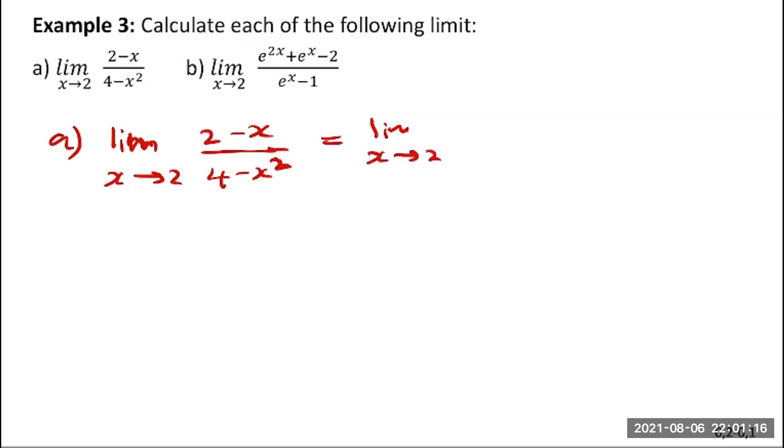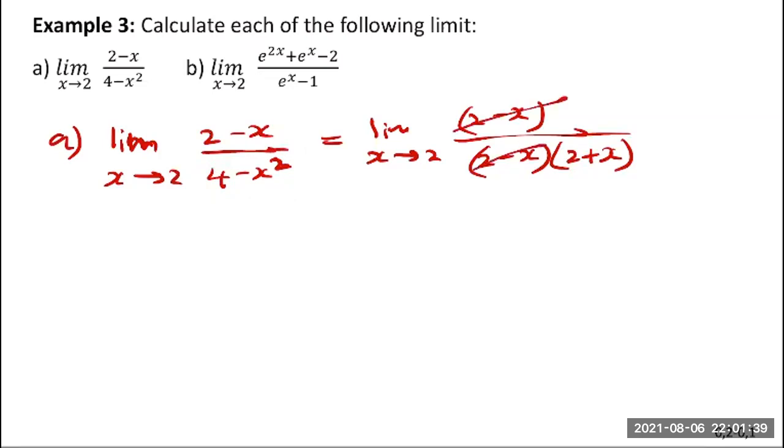Limit as x approaches 2, I'm going to factorize top and bottom. The top I have already factored. It's a linear expression, nothing can be done. The denominator factors as (2 minus x) times (2 plus x). Now, as you can see, you have a cancellation here. 2 minus x is gone.